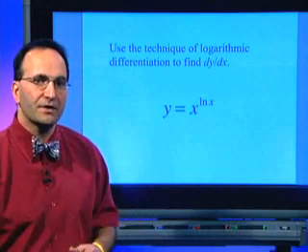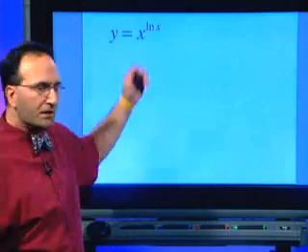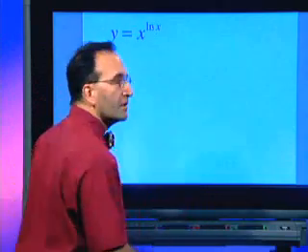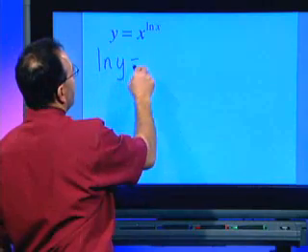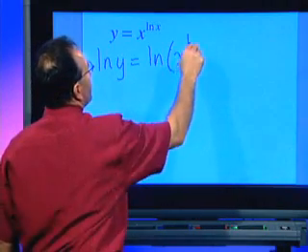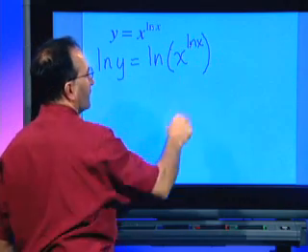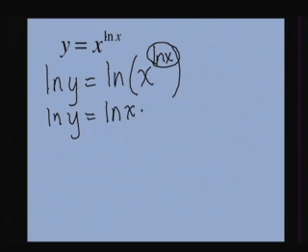Let's find out how you did with this problem. We have y equals x raised to the log x, and we're going to take the natural log of both sides. So ln of y equals the natural log of x raised to the natural log of x. Now what we'll do is bring this down in front, and we have the natural log of y equals the natural log of x times the natural log of x.